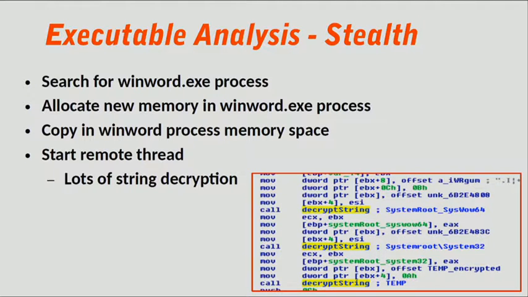And then, once it's running under the Winword process, it does lots of string decryption. So strings are not visible, but they are decrypted dynamically. So there's a decrypt string function, and here is an argument to it, some random garbage, and then you run the decrypt, and then it says system root slash syswow64.